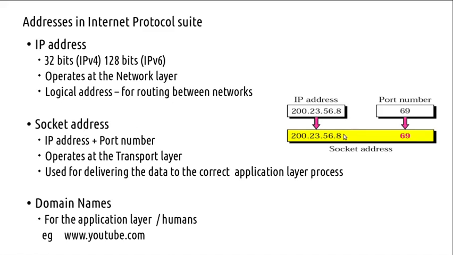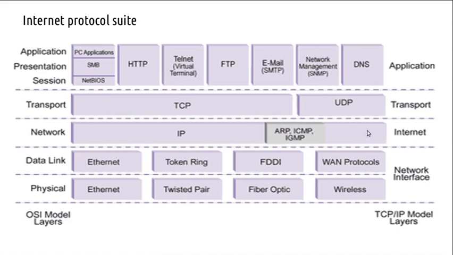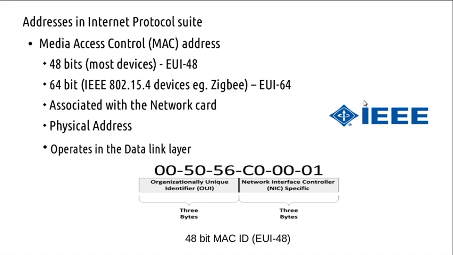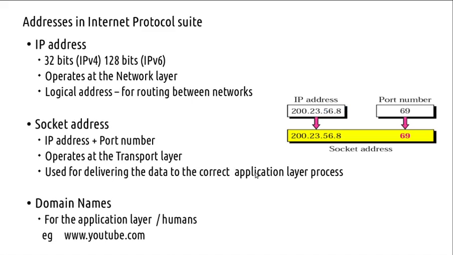And then a socket address is a combination of this IP address and the port. Each of these communicates to a higher level using the port address. The port address is used to communicate your process to the higher layer. With a specific port number, it is communicating to an application layer process.